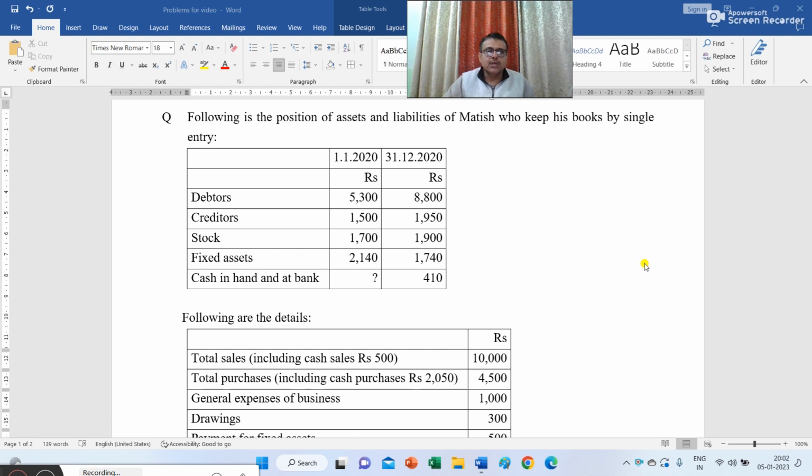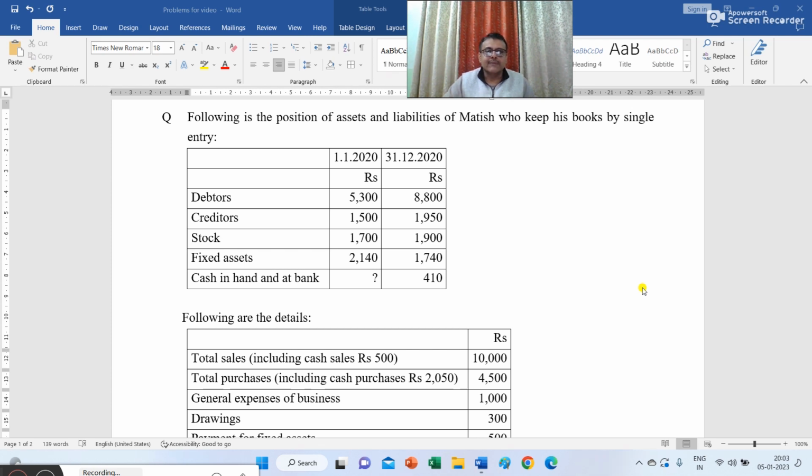Following is the position of assets and liabilities of Matis, who keeps his books by single entry. So we have a balance on 1st January 2020 and on 31st December 2020. Debtors 5,300 and 8,800. Creditors 1,500 and 1,950.